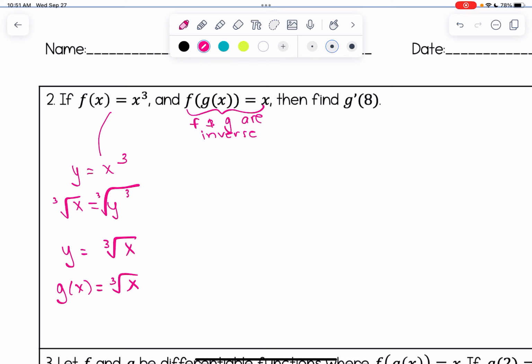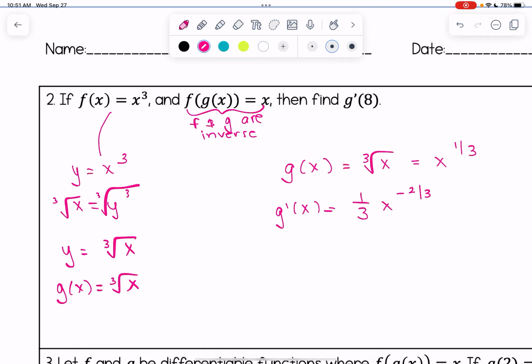All right, now I want to take the derivative of that. I'm going to move over here where I again have some space. Cube root of x is the same thing as x to the 1/3, so I'm going to take the derivative of that. I get 1/3 x to the negative 2/3. If I simplify that, that's 1 over 3 times the cube root of x squared.